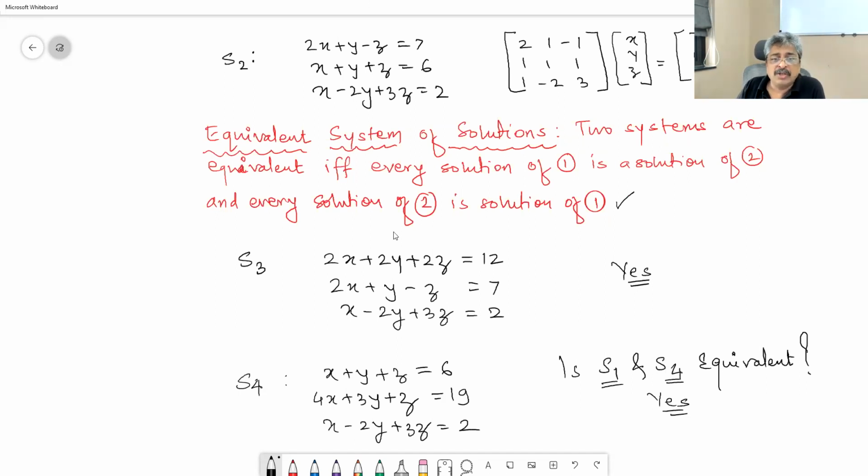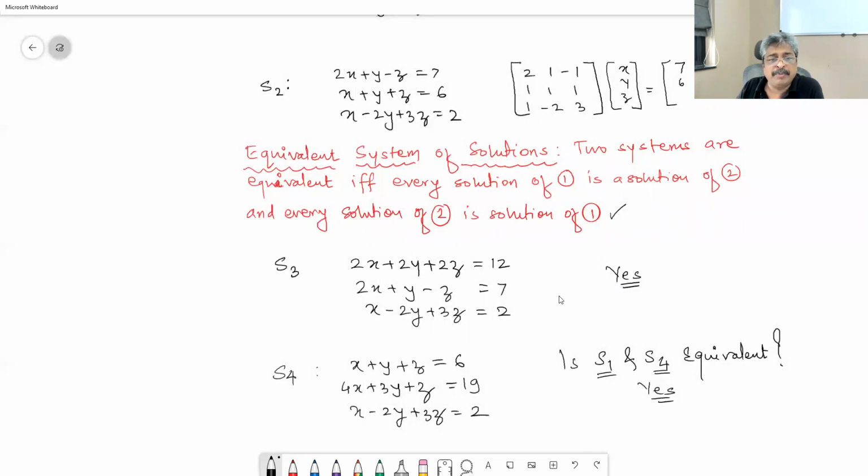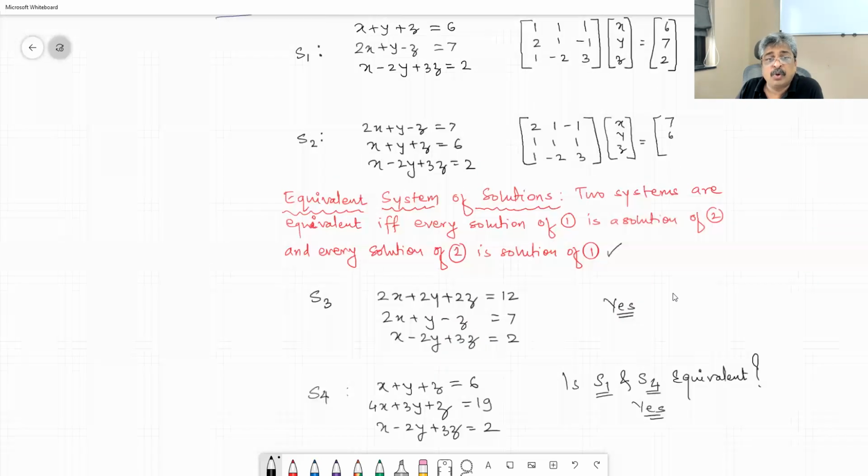So this is a numerical example I am giving to show what we mean by an equivalent system. But in terms of notation, what are we doing from S1 to S2? R2 becomes R1.